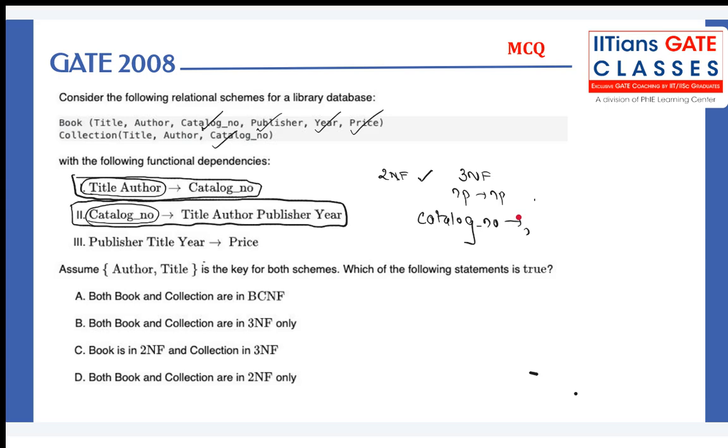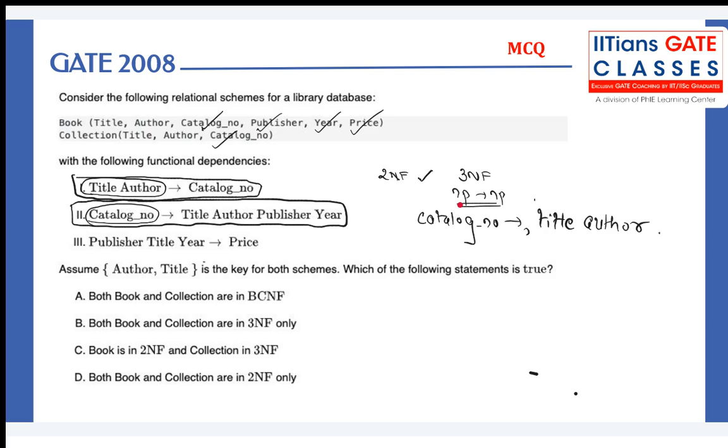What is title and author? Are they prime attributes or non-prime attributes? Both of them are prime attributes. I'm asking you, is there a non-prime to non-prime functional dependency? Is there a functional dependency like that, Vishnu? No. So it is also in 3NF.